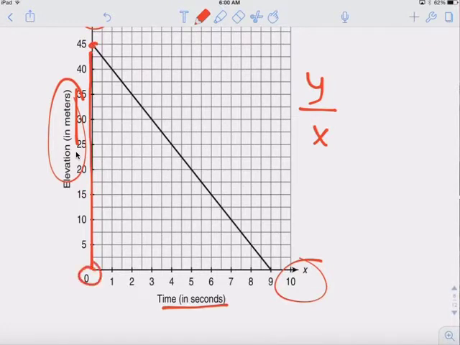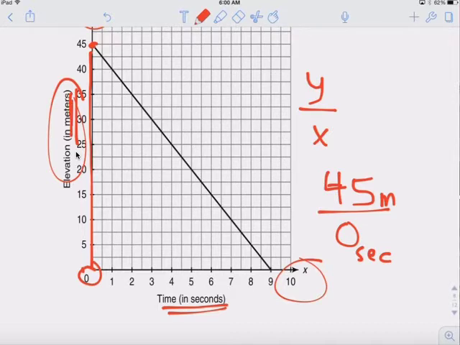0 is our x, which is seconds. 0 seconds. And our y is 45 meters. Okay, that's distance in meters over time. Now my second point, let's say I'll choose 3 and 30.